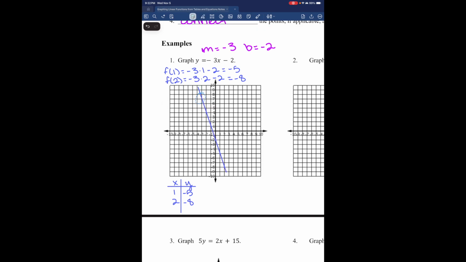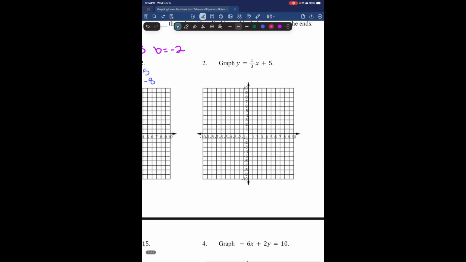Then I'm just going to slide mine down a little bit so it goes through all my points. I know that might not look the best, but that should give you the gist of what we're doing here.